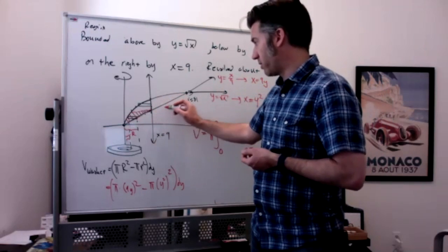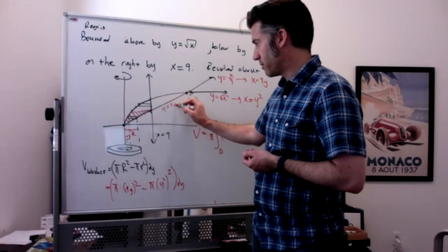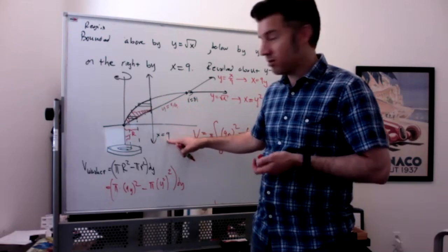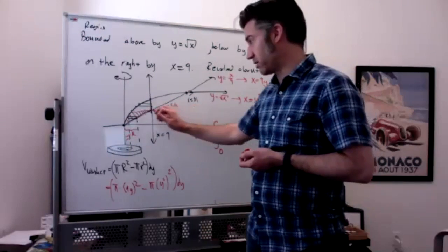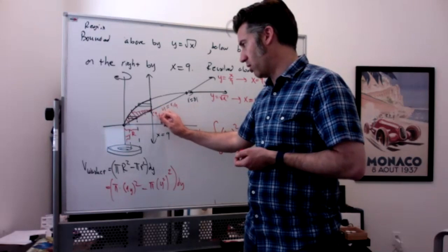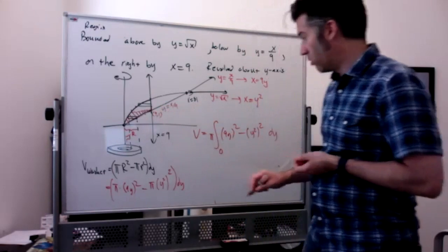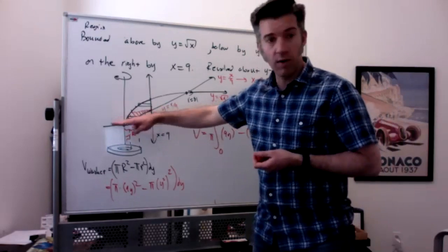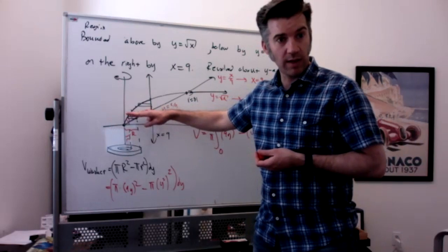So if x is equal to 9, then y is going to be 9 over 9. This is going to be the point (9, 1). So my region goes as low as y equals 0 to as high as y equals 1.